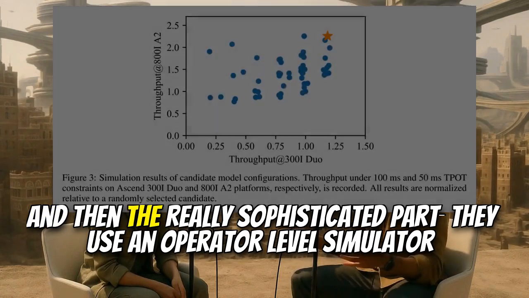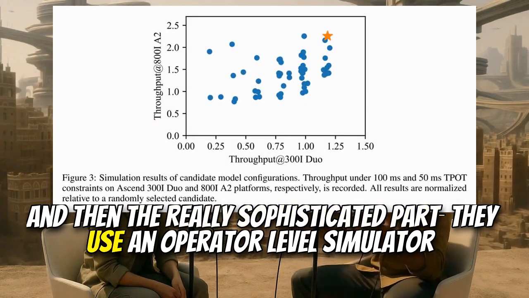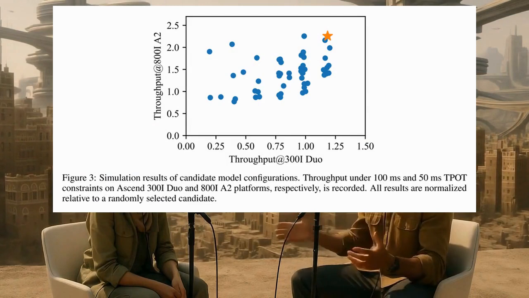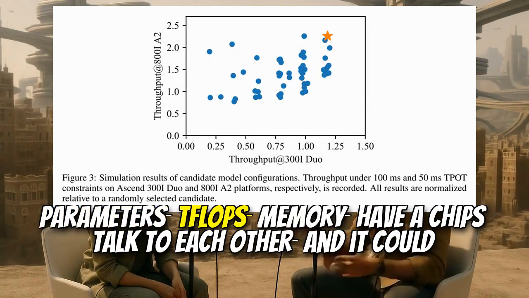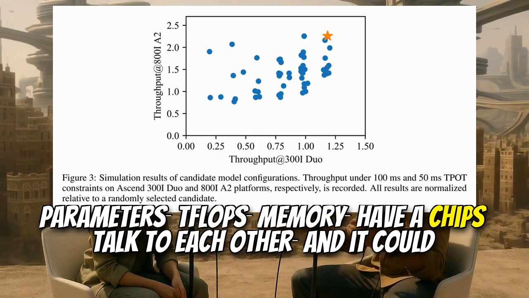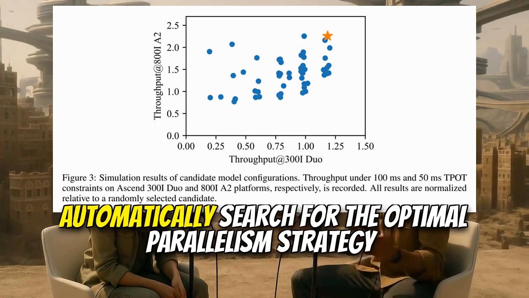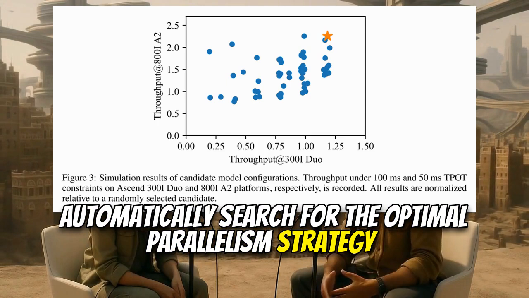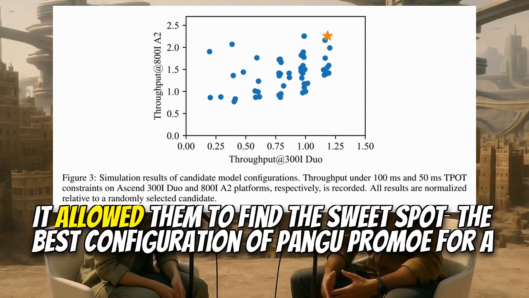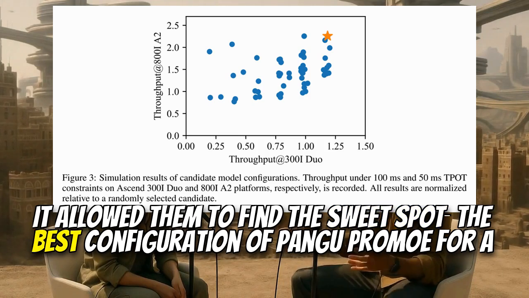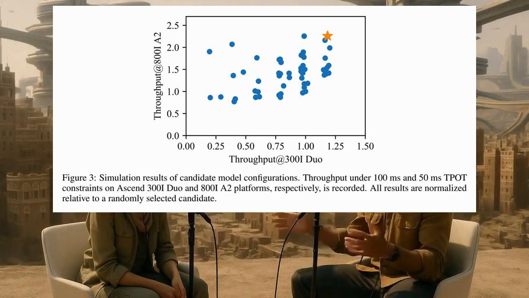And then, the really sophisticated part, they used an operator-level simulator. This thing could evaluate candidate models by correlating all sorts of hardware parameters, TFLOPS, memory, how the chips talk to each other, and it could automatically search for the optimal parallelism strategy. Wow, so simulating performance before even building or training? Exactly. It allowed them to find the sweet spot, the best configuration of Pangu Pro MoE for Ascend hardware.